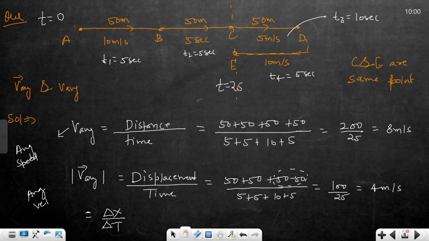Displacement is 0 from which point? From A to C. So C to E displacement is 0. That's why we are taking plus 15 minus 15, no? That is giving the 0. Okay. Yeah. So that's done. Clear?